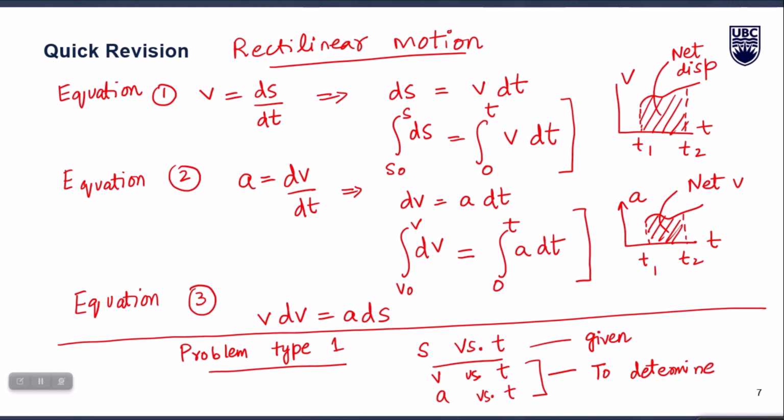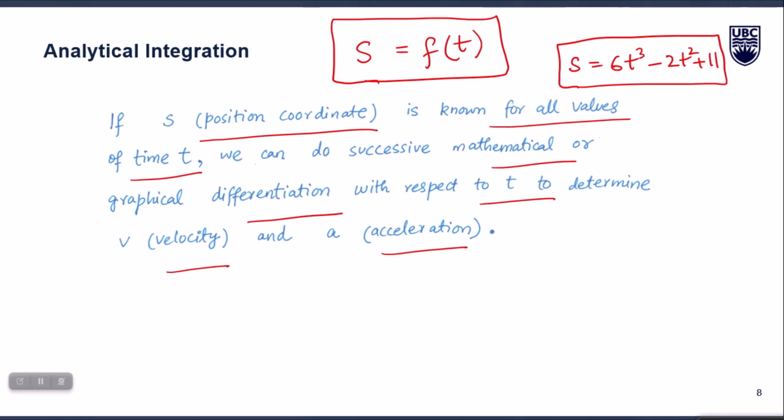But these two are your main unknowns, right? So that we already covered, and we saw one problem. That was the case when s is given as a function of time. s is some f of t, for example this one, and you are asked to determine v as a function of time, a as a function of time.